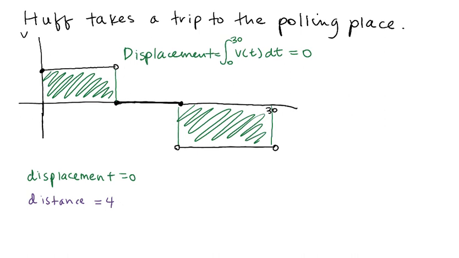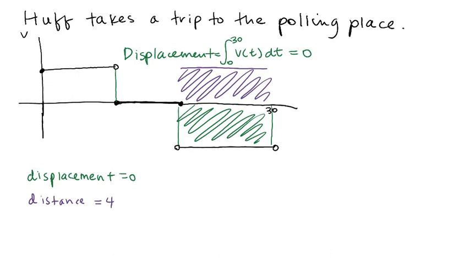Yeah, so they were saying something about absolute value, and that's true. But really, I want this area right here to count positive. So I want any velocity to be positive. Really that would be adding this to this one. What I did to get this purple line up above is I took the absolute value of v.